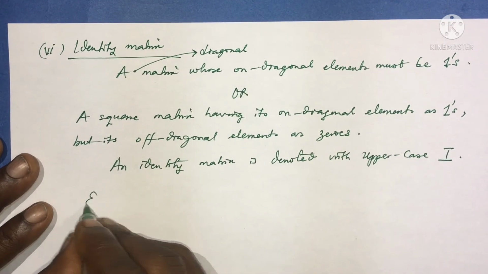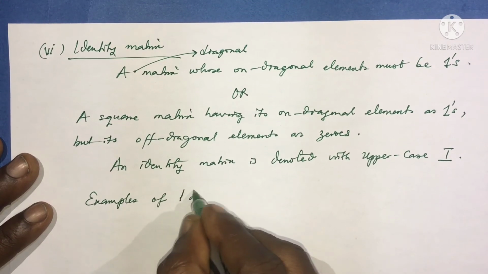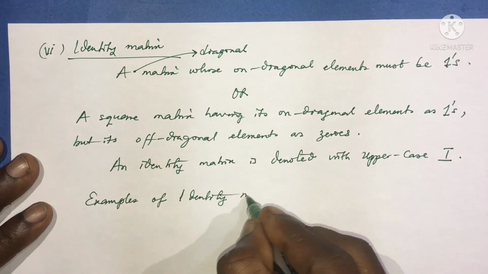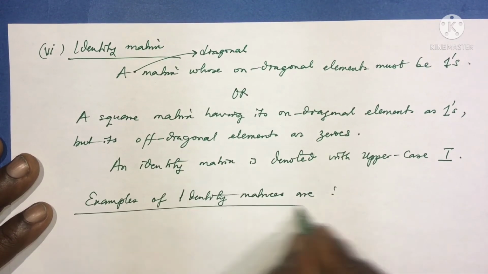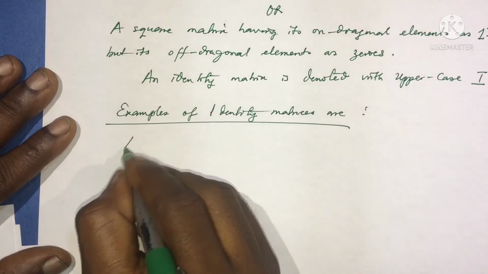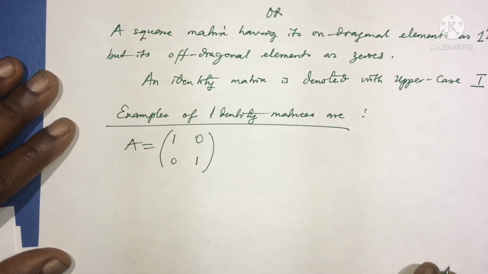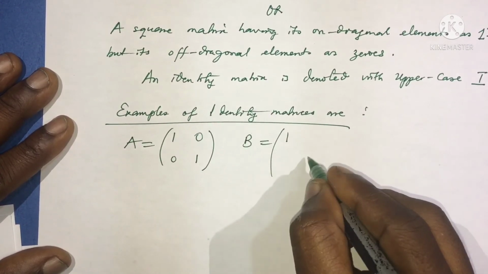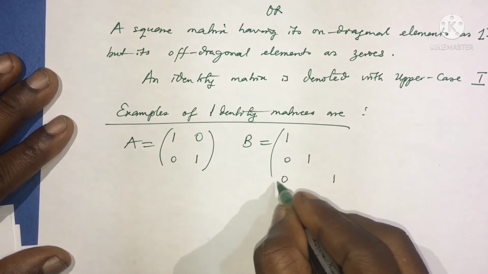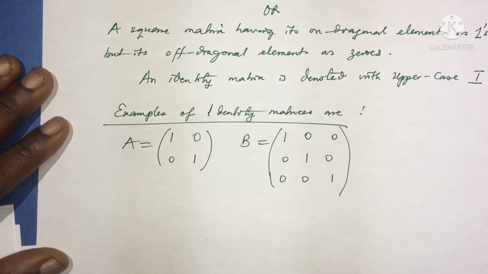So examples of identity matrices are A equals 1 0 0 1, it's an identity matrix. B equals 1 0 0, 0 1 0, 0 0 1 is an identity matrix. So this is a 2 by 2 identity matrix.